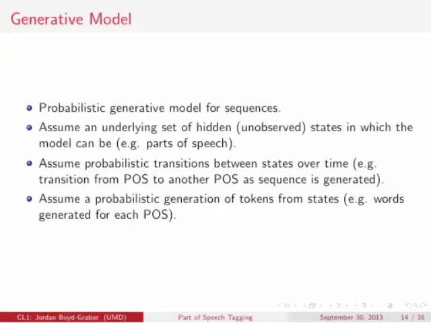And so this gives us a generative model for sequences, which are actually sentences. Our model moves from state to state, part of speech to part of speech, under a Markov condition. So there's a transition function that takes us from one part of speech to another, and this is probabilistic. Once we land in a given part of speech, we emit a word, again probabilistically.